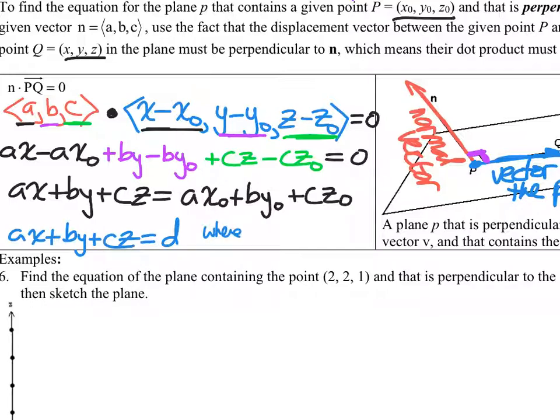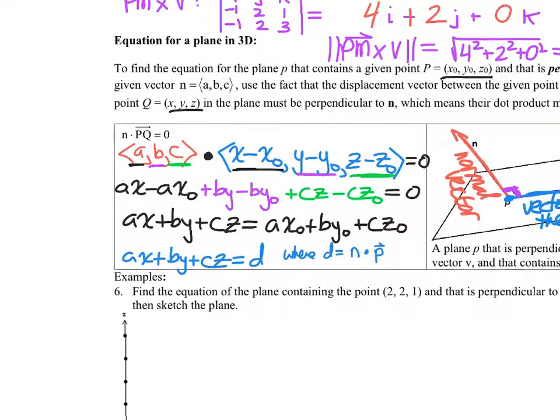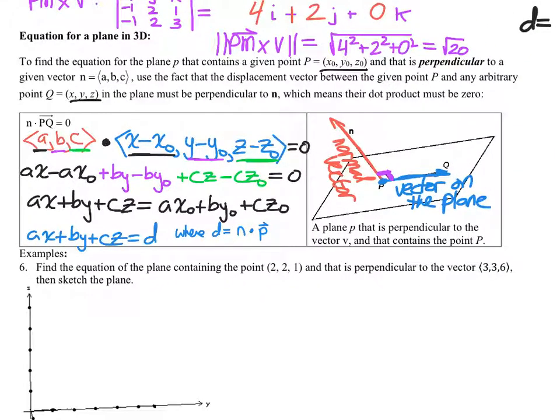Where d is equal to the dot product between n and p. Or vector p. Kind of streamlines it a little bit, makes it a little bit cleaner.